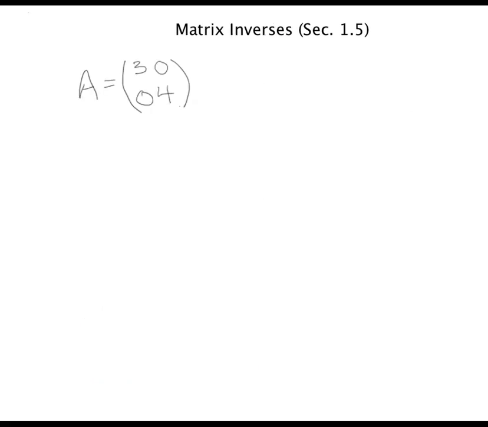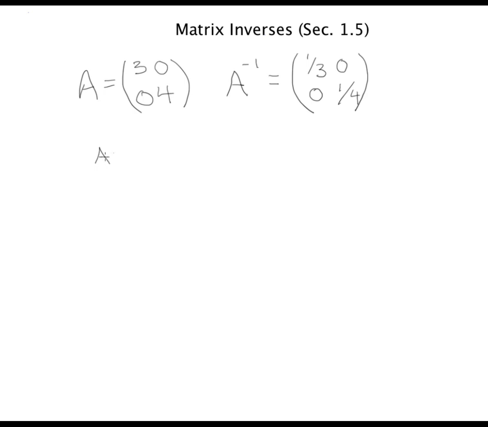Okay, so let's do a couple of really simple examples. Let's take a little diagonal 2 by 2 matrix. If A is the matrix with 3 and 4 down the diagonal, then A inverse is the matrix, what? Well, if you think about it, it's just 1/3, 1/4 down the diagonal, because if you multiply these two matrices, you get the identity.